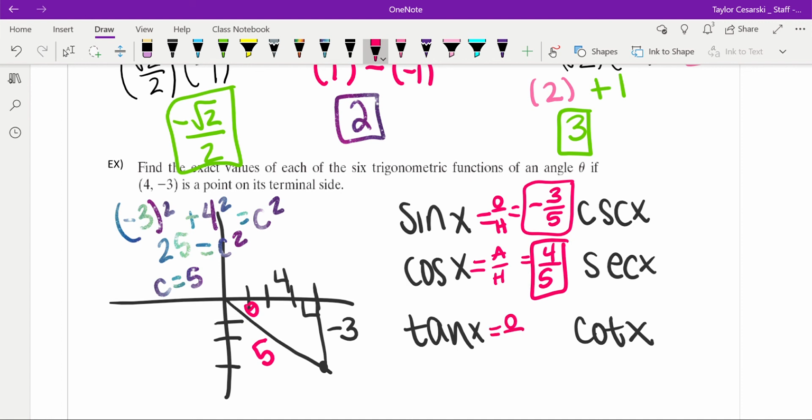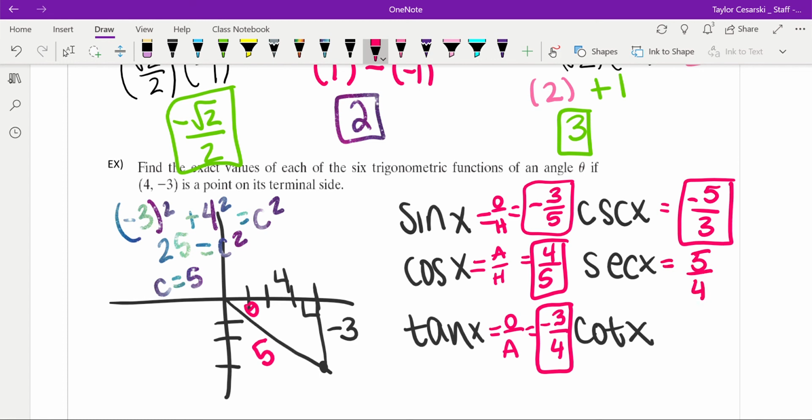Tangent is opposite over adjacent, so that would be -3/4. Cosecant is going to be the reciprocal of sine, so that's -5/3. Secant is the reciprocal of cosine, 5/4. And cotangent is the reciprocal of tangent, -4/3.